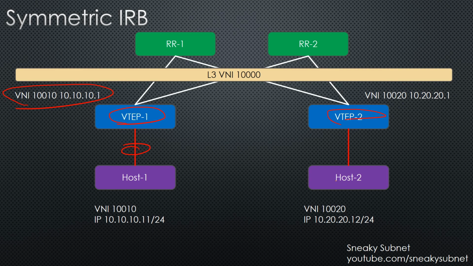VTEP number 2 has host number 2, which is inside VNI 120, and it has the VNI for 120. So it doesn't have all the other VNIs for hosts that are not directly attached.